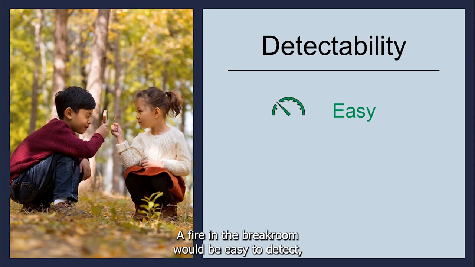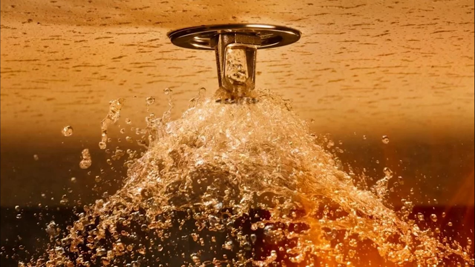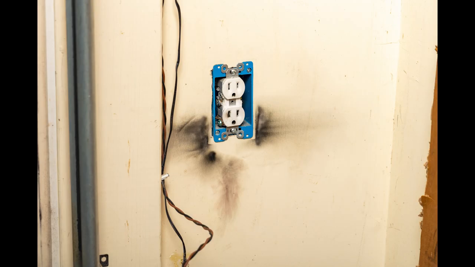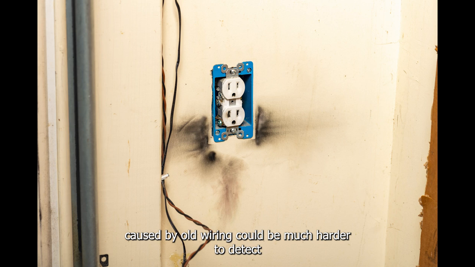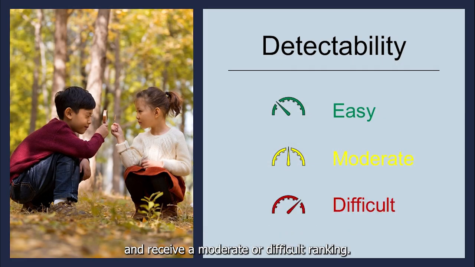A fire in the break room would be easy to detect, especially after the fire alarms and sprinklers went off. I would give this detectability an easy ranking. However, a fire inside a wall caused by old wiring could be much harder to detect and receive a moderate or difficult ranking.